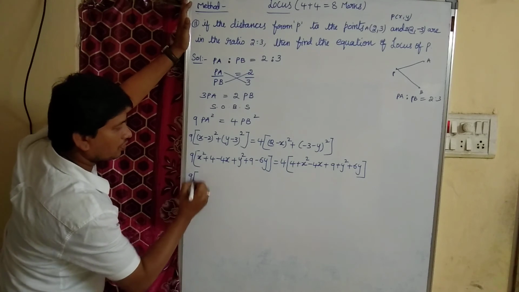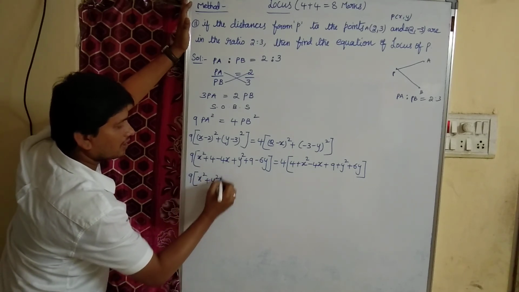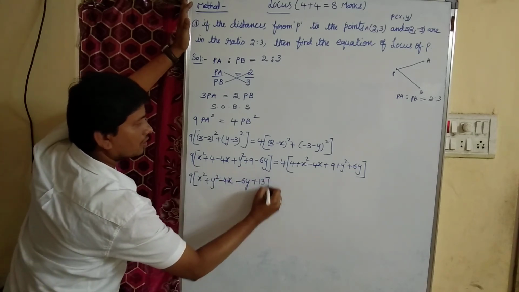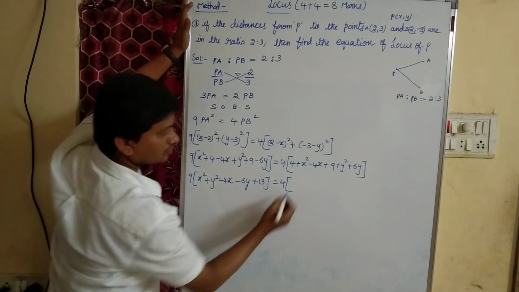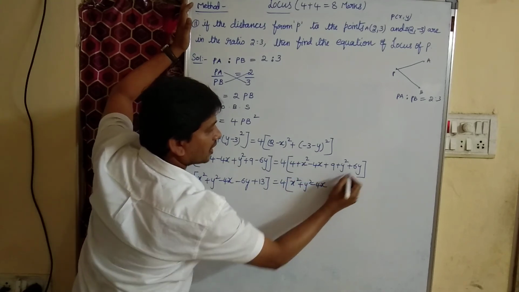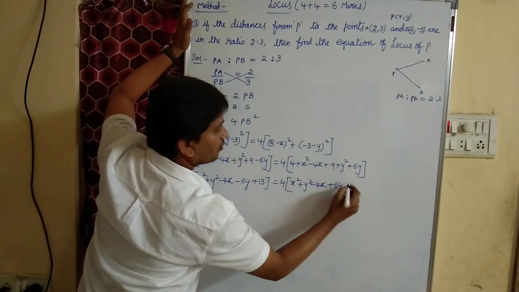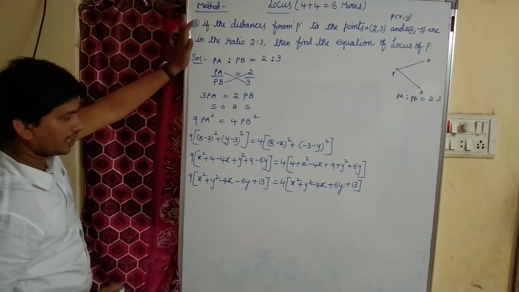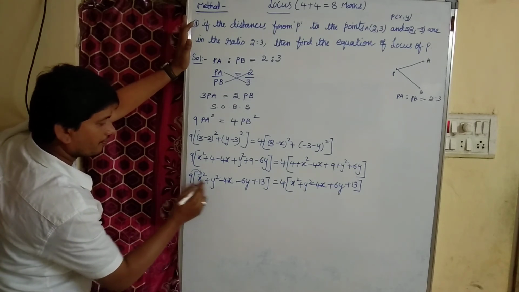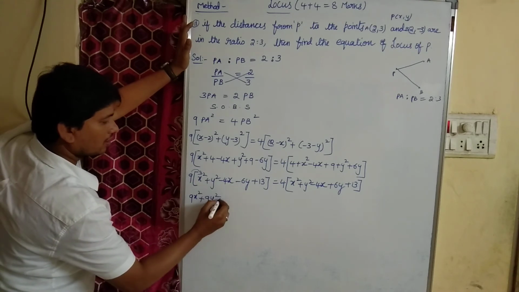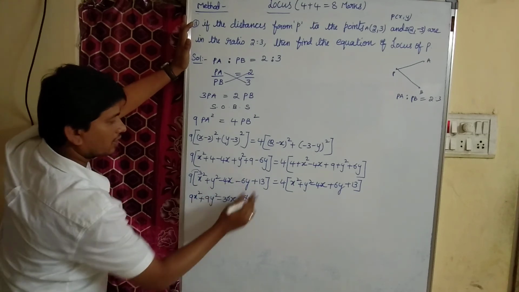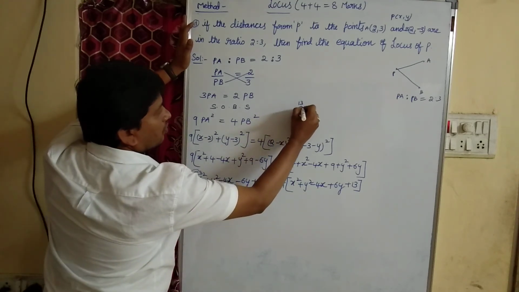Now 9 into x square plus y square minus 4x minus 6y, 9 plus 4, 13, equal to 4 into x square plus y square minus 4x plus 6y, 4 plus 9, 13. Right? So let us multiply with the 9 each and every term.